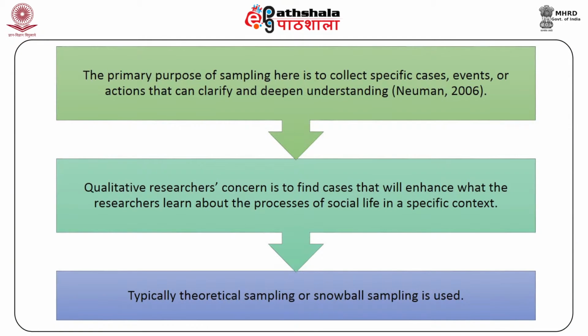The primary purpose of sampling here is to collect specific cases, events, or actions that can clarify and deepen understanding. Qualitative researchers' concern is to find cases that will enhance what the researchers learn about the processes of social life in a specific context. Typically, theoretical sampling or snowball sampling is used.